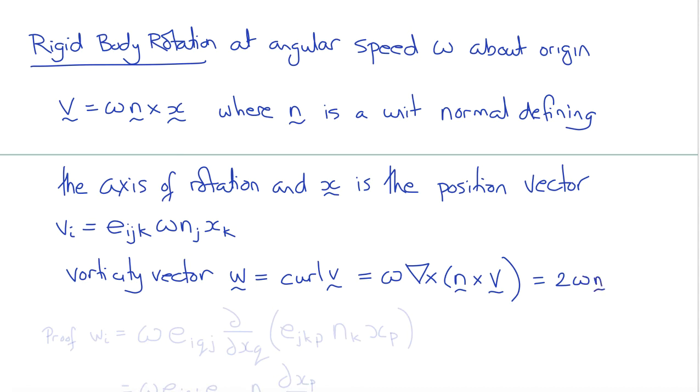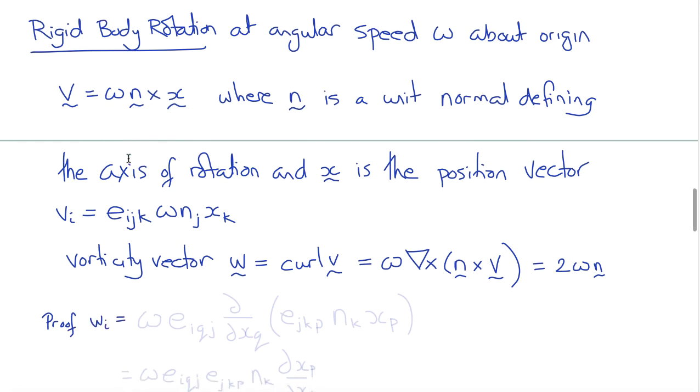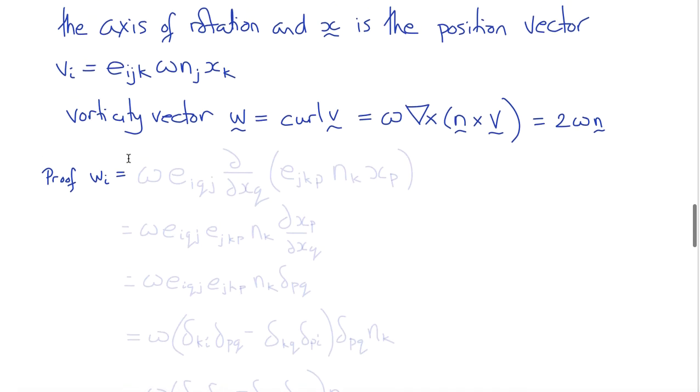Rather than just have you accept that, let's actually do the proof by writing this in index notation. So W_i would therefore be ω times, using the permutation symbol, e_iqj ∂/∂x_q of e_jkp n_k x_p.